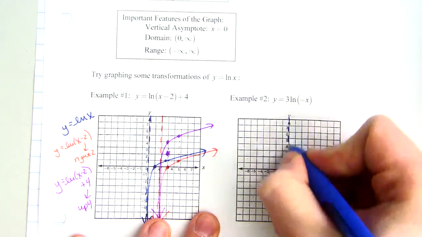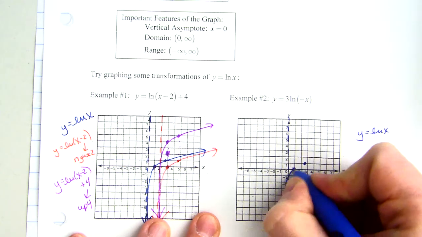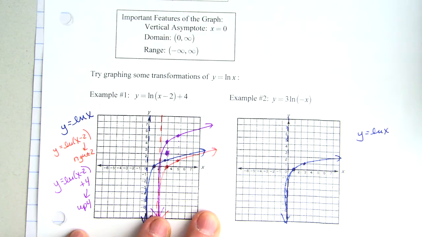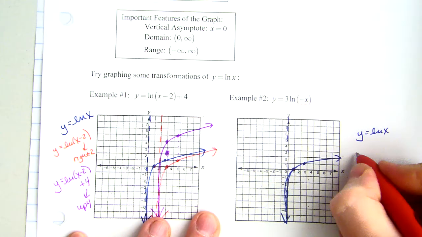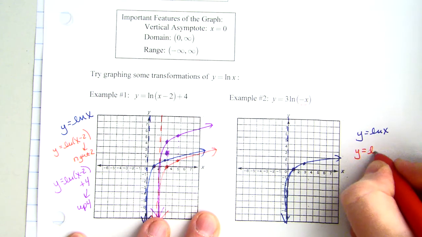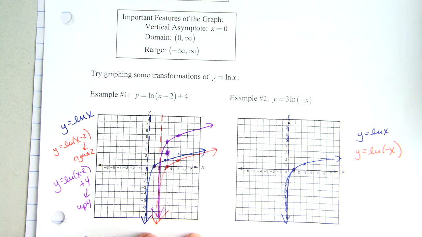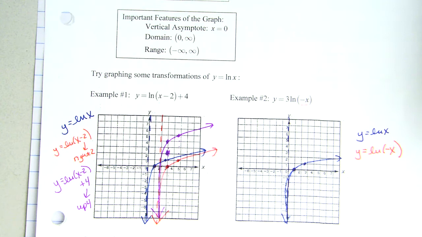E1, x equals 0. Parent function will look like this. First thing I've got to deal with is the stuff inside that function, so that negative x. Do you remember what a negative inside the function will do to our graph?